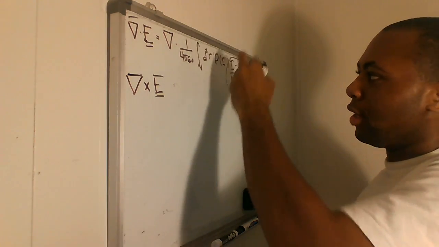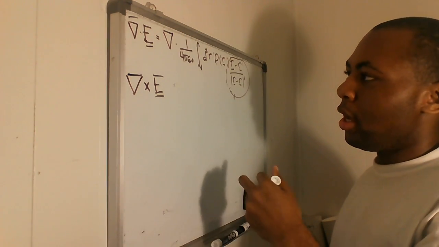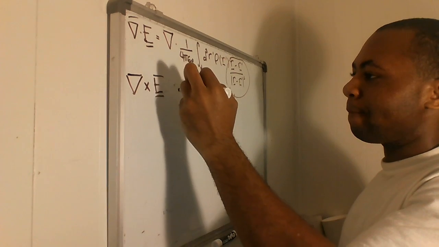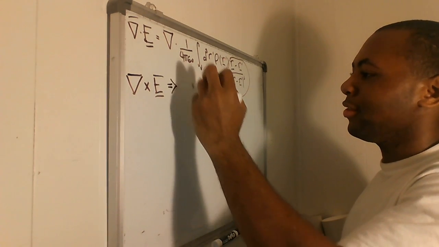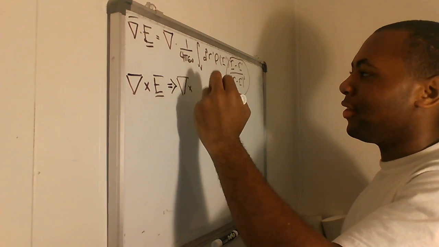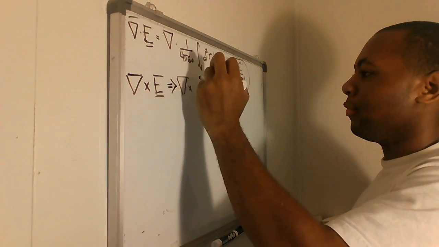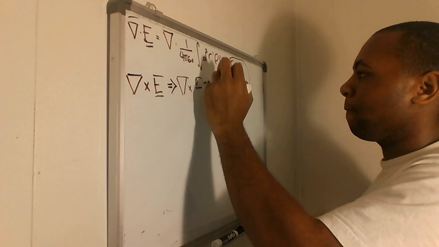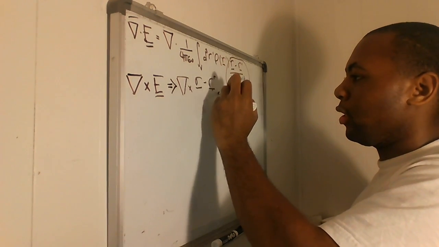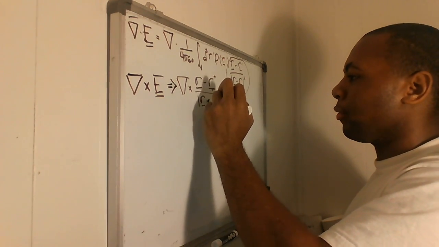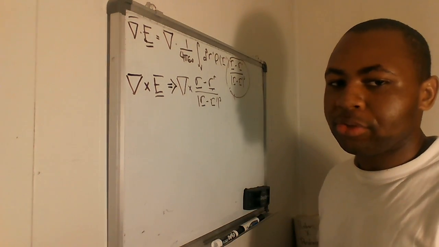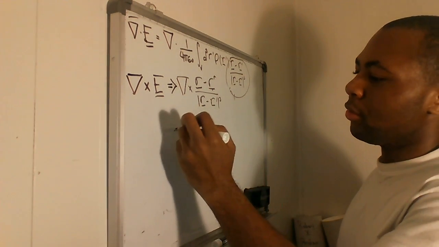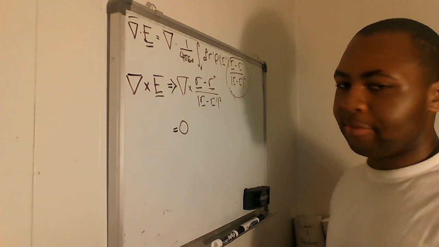Just saying we're integrating over this volume, and the cross here is more or less cross of del with this function here. And if you remember your vector relationships, position vectors are irrotational, so this is going to be 0 by definition.